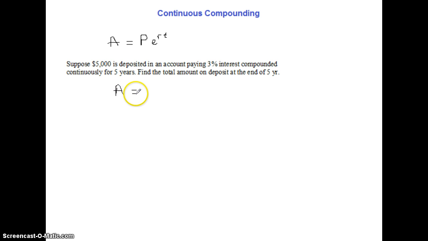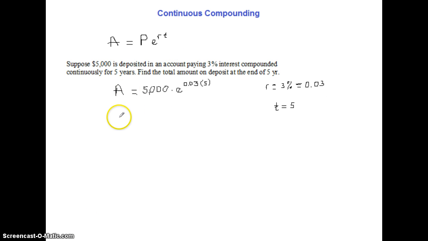We know the present value, it is $5,000, times e, the natural number e, to the power of R. The interest rate R is 3%, so we have to convert it to a decimal number, 0.03. And T is 5 years, so we raise e to the power of RT, or 0.03 times 5.